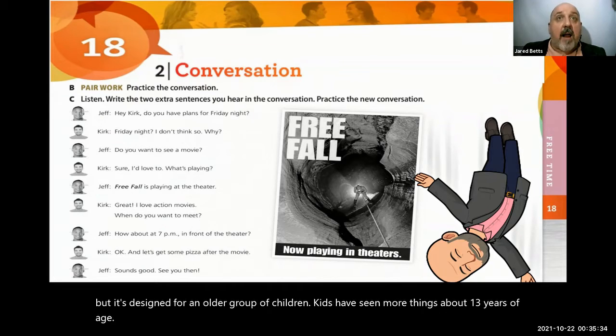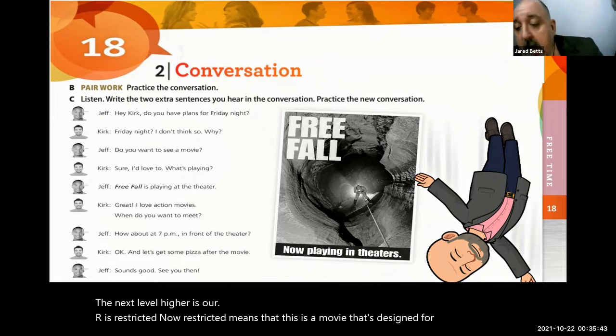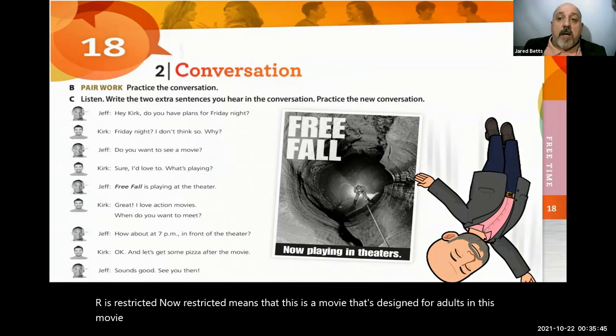The next level higher is R. R is restricted. Restricted means that this is a movie that's designed for adults. In this movie, you're going to see possibly violence, bad language.